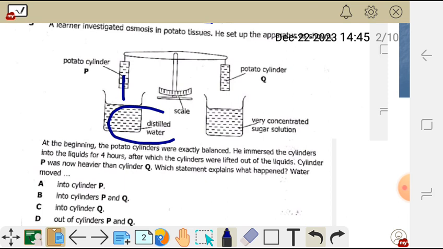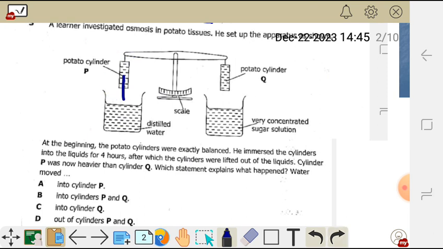So this is distilled water. We can say it is a hypotonic solution. Then this is very concentrated sugar solution, so this is a hypertonic solution. So these are the potato cylinders. They were immersed in these two liquids. Now what will happen?